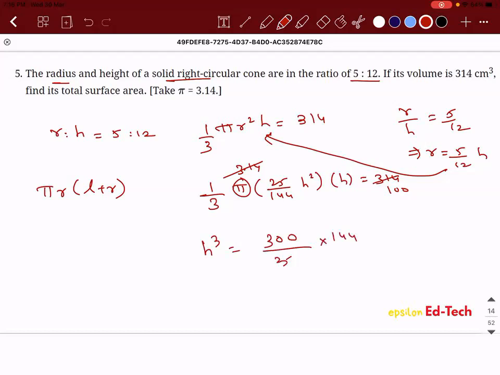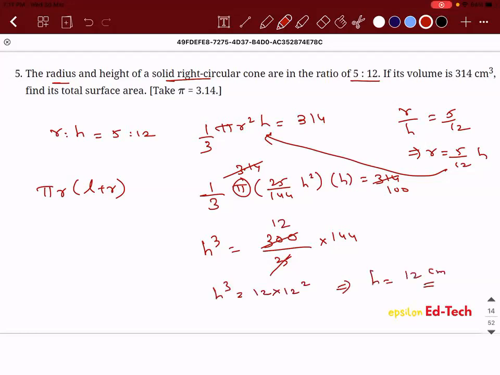So what will be the value of H, guys? So H cube is equal to 12 into 12 square, which implies H is equal to 12 centimeter.